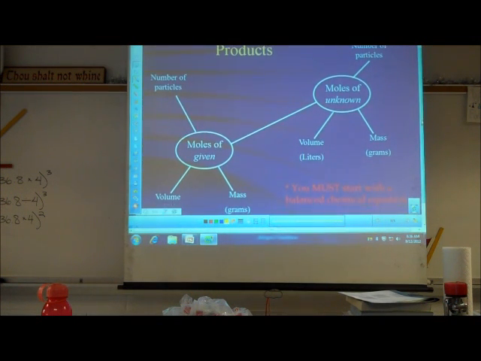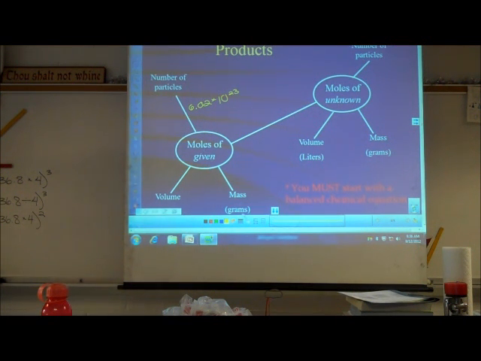Tell me, how do you convert back and forth between number of atoms, ions, molecules, any of that into moles? What's your conversion factor, Rachel? You got it. Avogadro's number. And you can put the same thing over here as well. Okay?